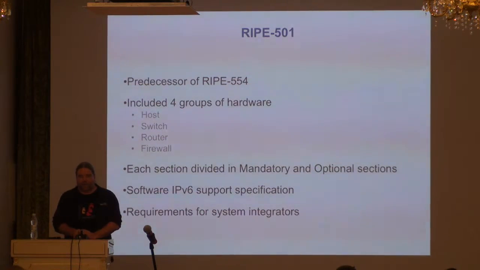Basically in 501 it was even harder and more brutal, because we just included a form that the system integrators had to sign, that under some sort of responsibility, they assure that they have enough knowledge and experience in their team to deploy the hardware that they are selling in IPv6 networks.